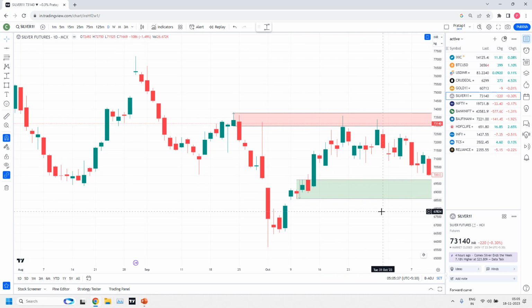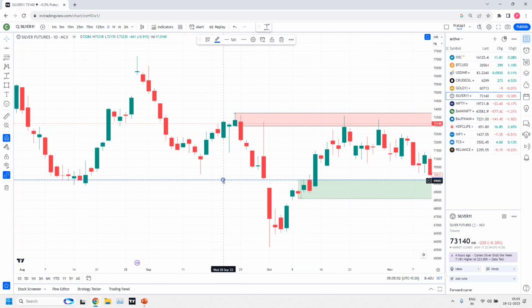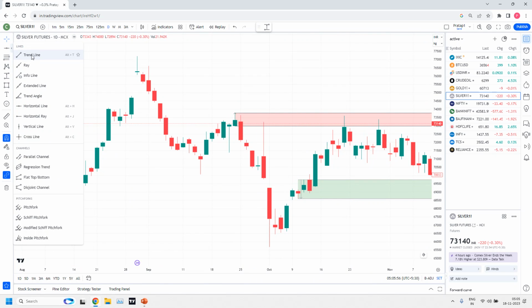Okay, now we want to take the trade. When you want to take the trade, first what do you need to calculate? The risk and then the reward. What is your risk? So let me select the trend line. This is the trend line.